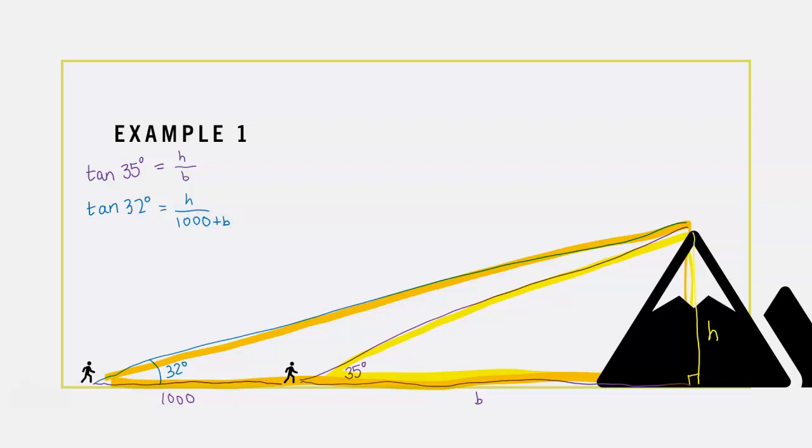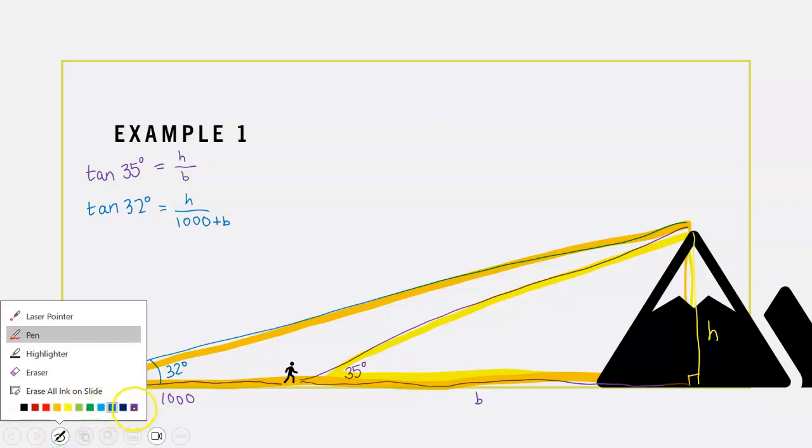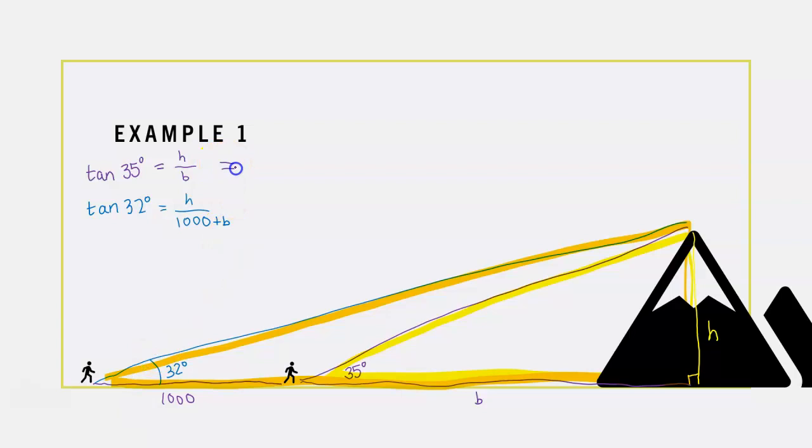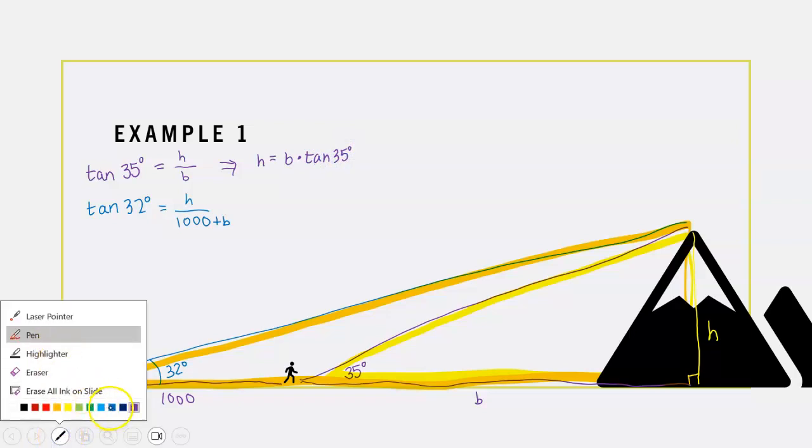So what I'm noticing is that it would be pretty easy to get h by itself in that purple equation. So I'm going to go ahead and do that. I'm going to rewrite this as h is equal to b times tangent of 35. And in my other equation, I'm going to replace h with that.